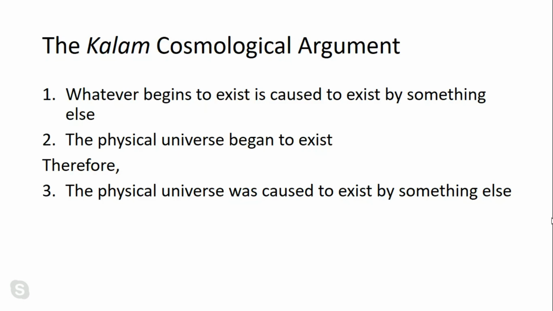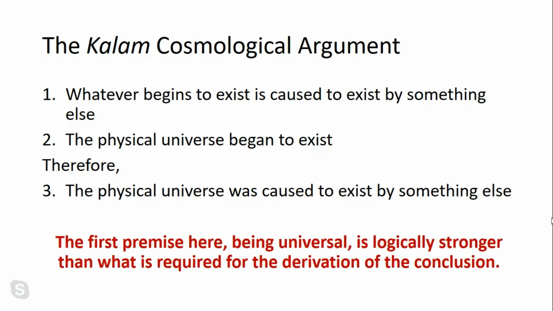Beautiful, beautiful. All right. So here's an interesting point about this argument, though. If you look at the premises and the conclusion, the premises are logically stronger than they have to be to give us this conclusion. The first premise is universal. Whatever begins to exist is caused to exist by something else.